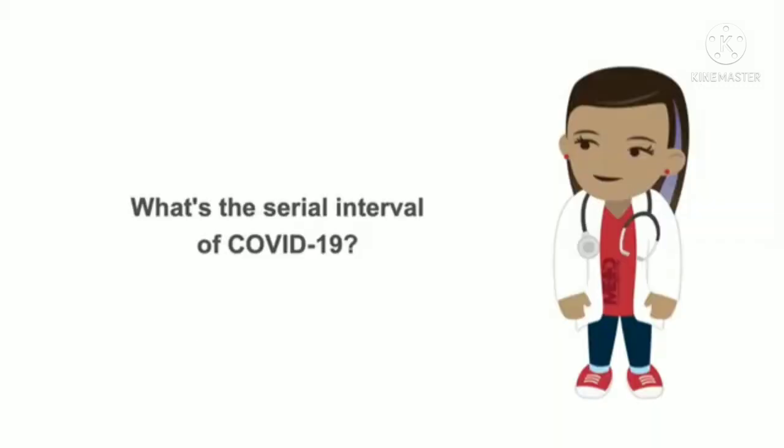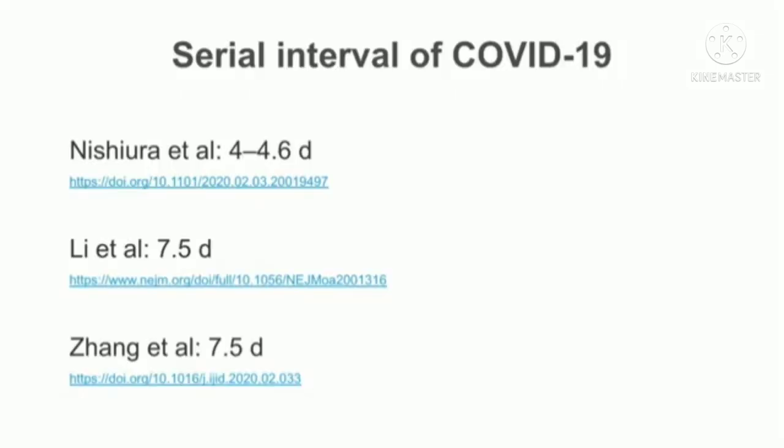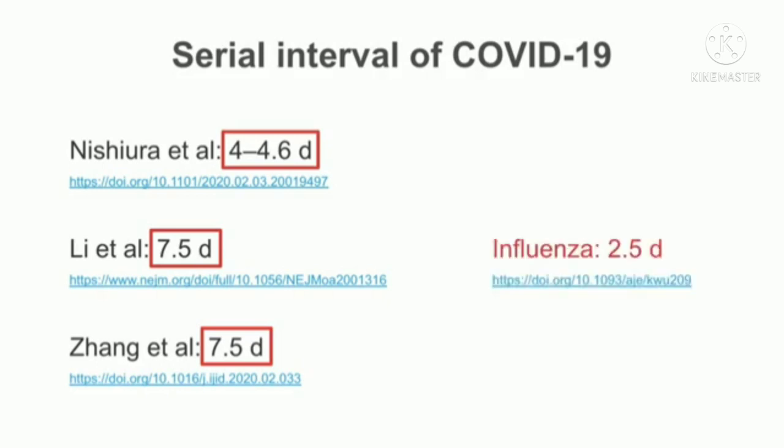So what's the serial interval for the novel coronavirus? Well, different authors describe different numbers. It's generally thought to be somewhere around 7.5 days, maybe even shorter. For comparison, the serial interval for influenza has been estimated at somewhere between 2.2 and 2.8.